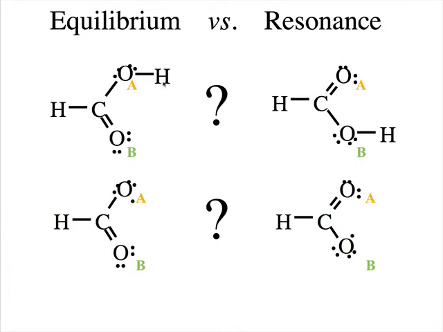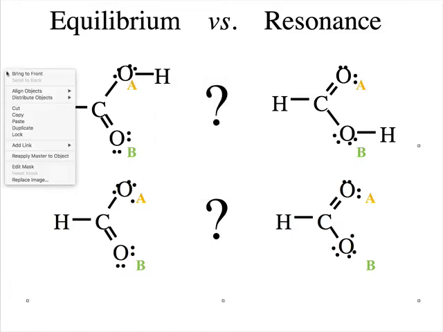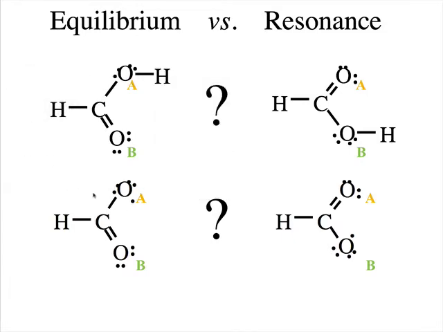Instead of having that hydrogen attached to A, we have a single unpaired electron on A. And in the structure on the right, we have moved that single electron onto B. And concomitantly with that, we're changing the single bond from C to oxygen A into a double bond, and we're changing the double bond from C to oxygen B into a single bond.